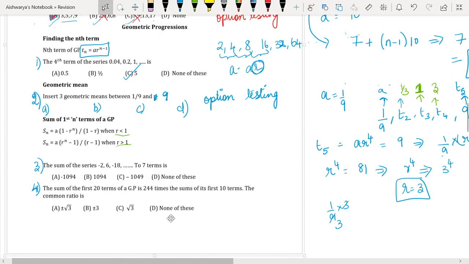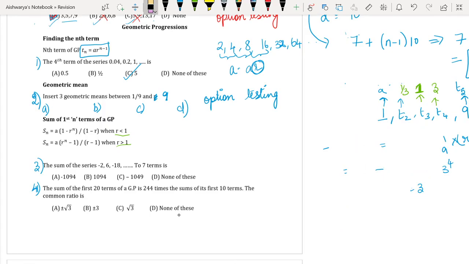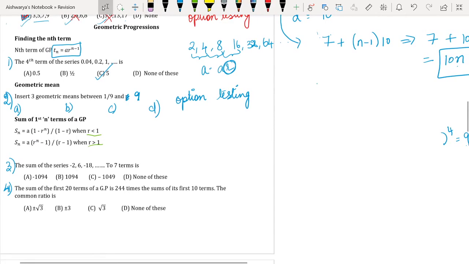The sum of the series -2, 6, -18, ... to 7 terms. Now imagine you are reading this in the examination. First thing you will be doing is evaluating whether it's an AP, GP or what it is. So you should first think about that.